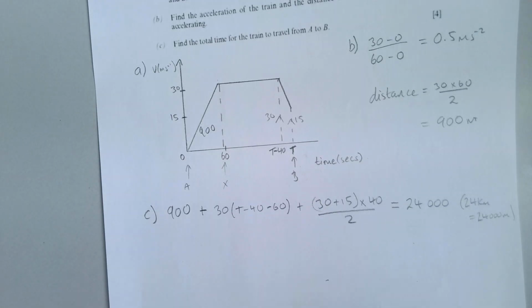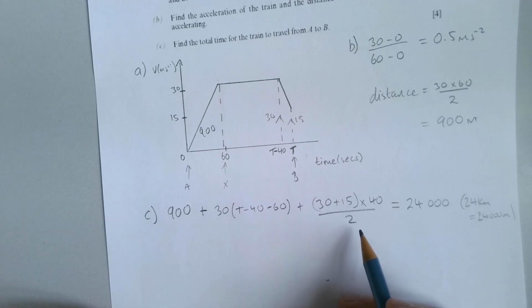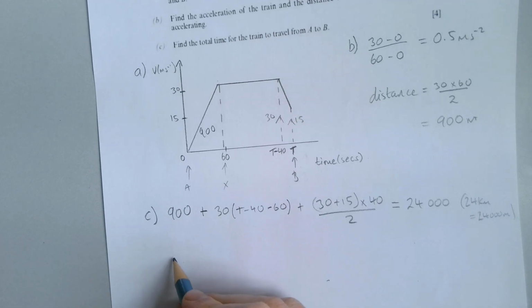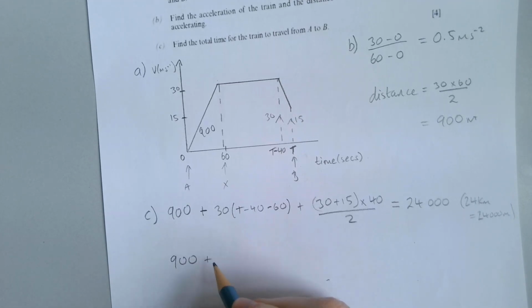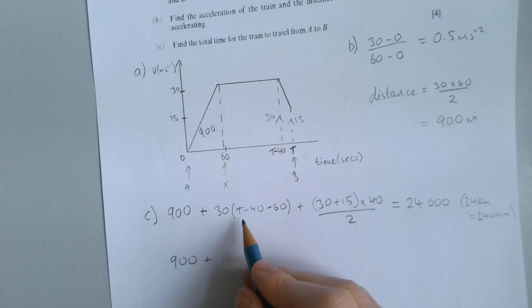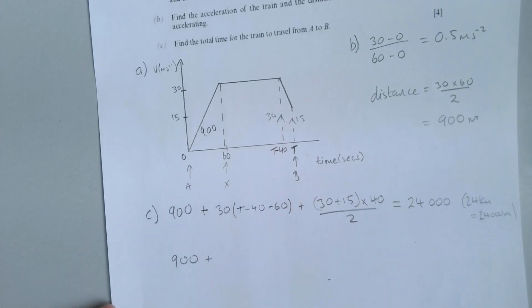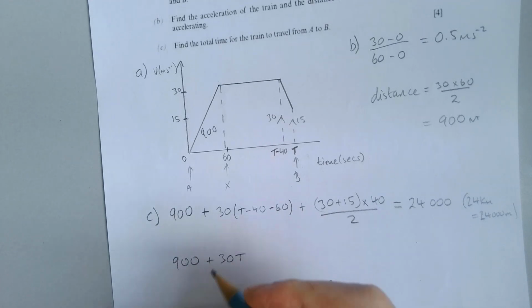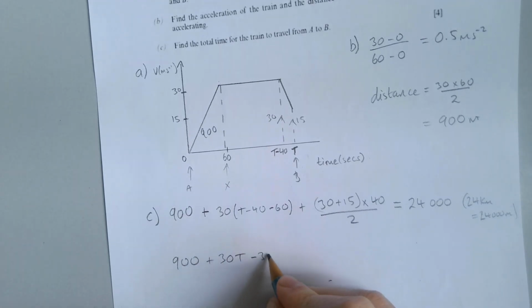Right, and then it's just a case of sorting all this out, rearranging or balancing to find out what T is. So 900 plus, right, so T take away 40, take away 60. Well, that's going to be T take away 100. 30 times T is 30T. 30 times minus 100 is minus 3,000.